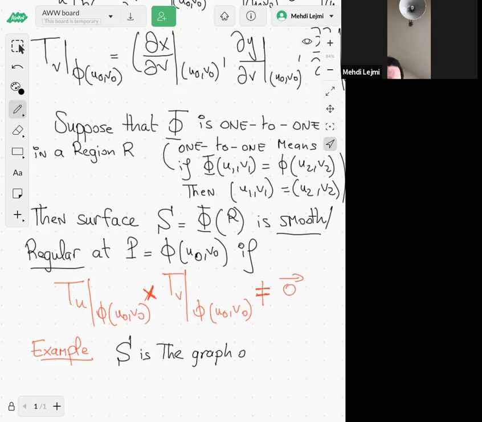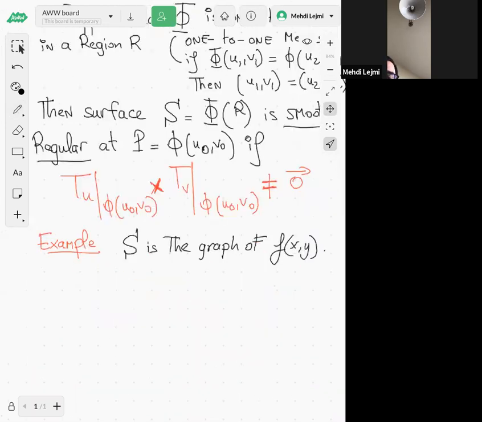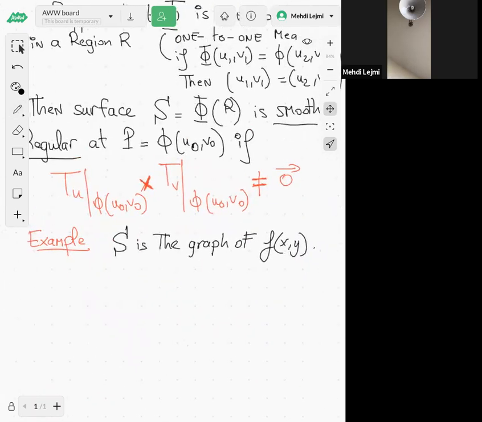As I explained in the beginning of the lecture, you can see the graph of a function f of two variables as a surface, right?